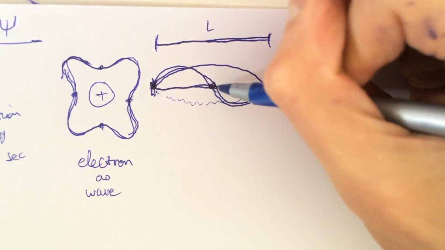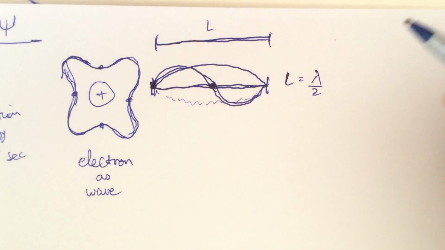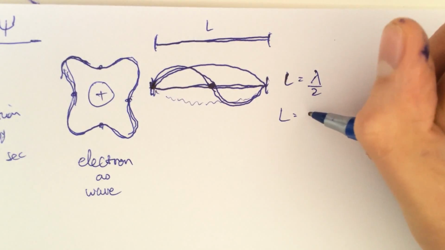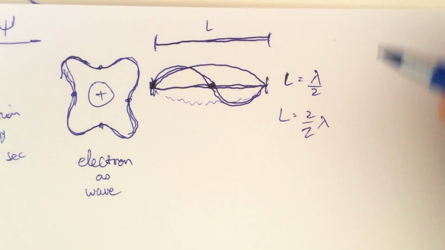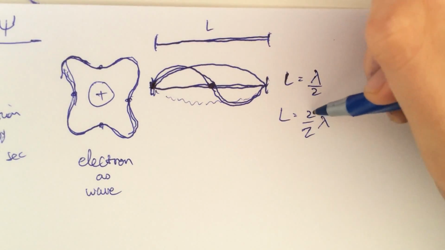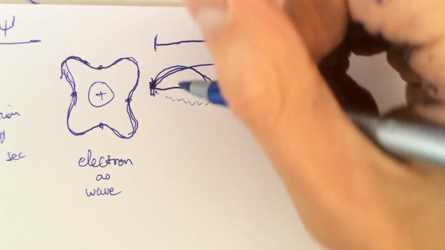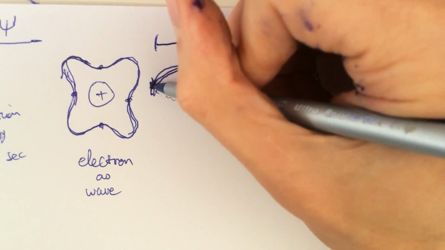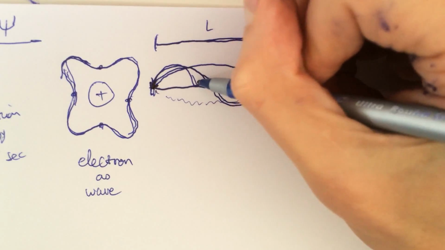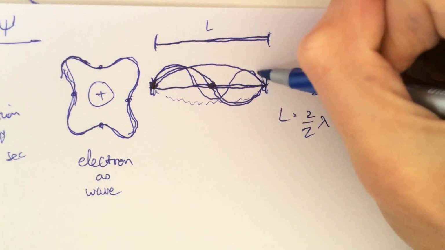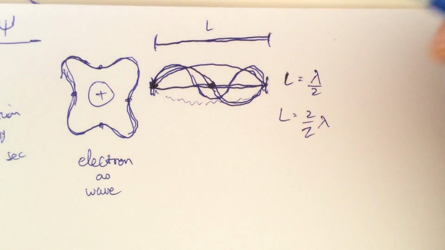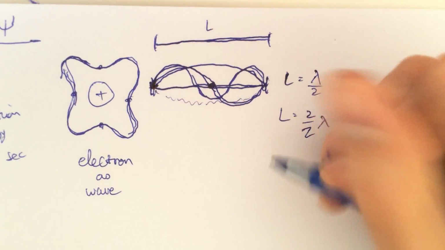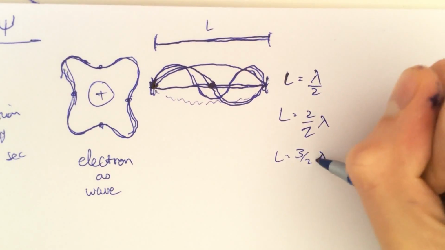This, with your node in the middle, would mean that your wavelength is 1 lambda, or 2 over 2 lambda. And if you keep increasing the frequency, you will get here, here, and here. This is 3 half wavelengths, so L being 3 over 2 lambda.